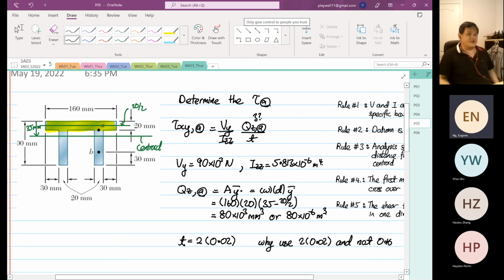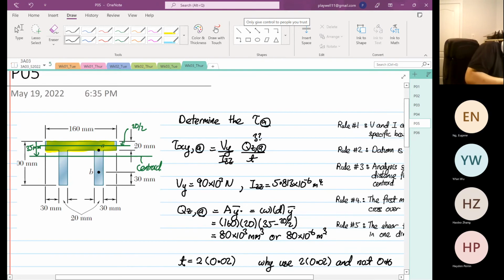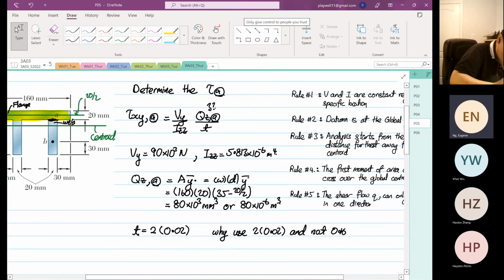You can see that. If you look at point A, it is exactly at the boundary of the flange and the web. Why do we use this value?